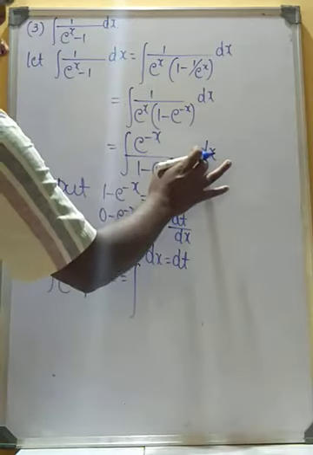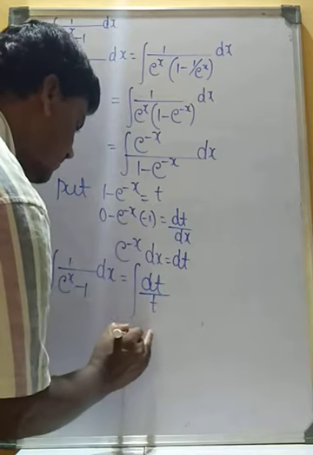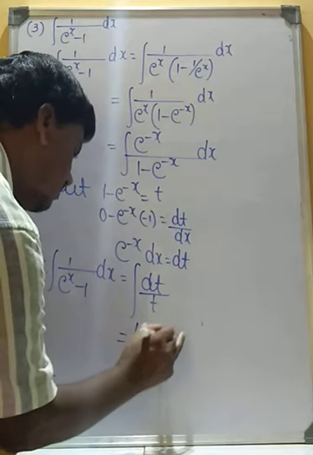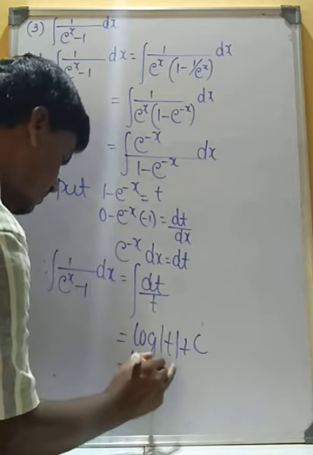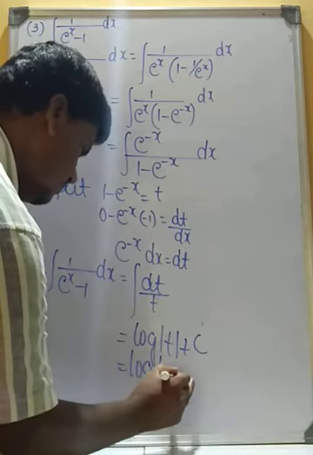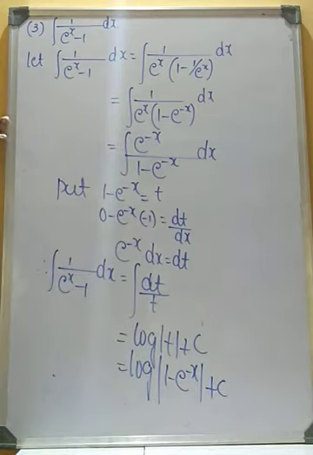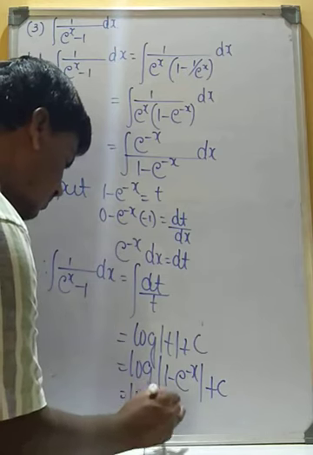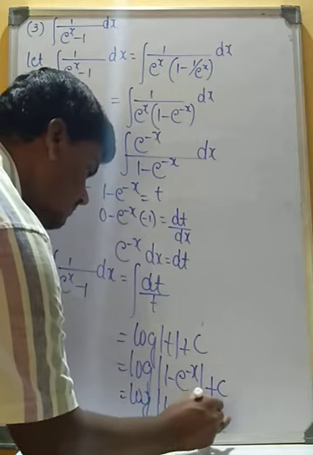Therefore, the integral of 1 dividing by e power x minus 1 into dx equals the integral of e power minus x into dx, which is dt dividing by t, that is the integral of dt by t, which is log of mod t plus c. What is t? T is 1 minus e power minus x, plus c. Therefore that is equal to log of mod 1 minus 1 divided by e power x plus c.